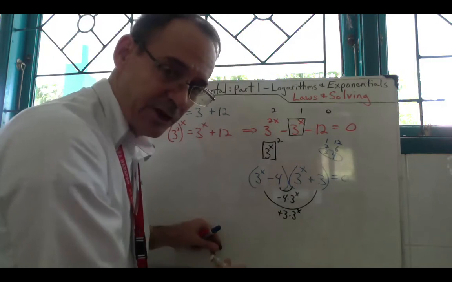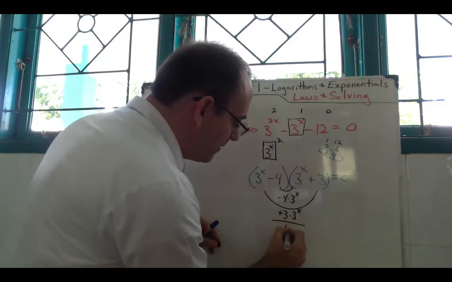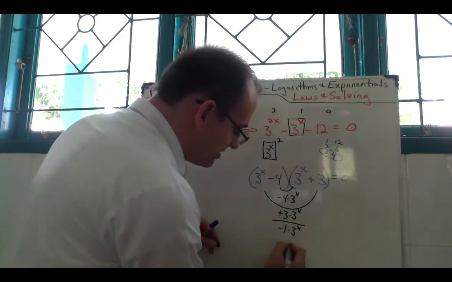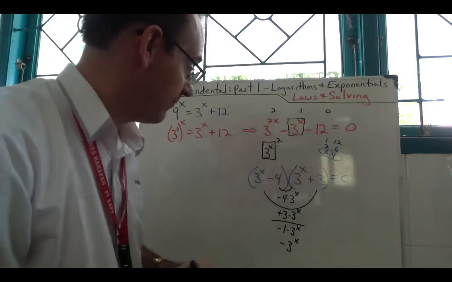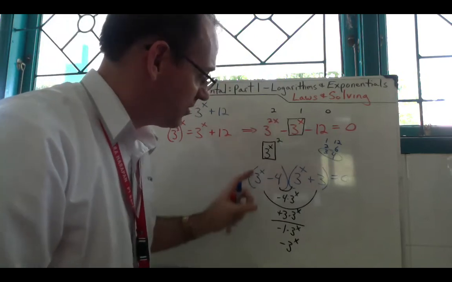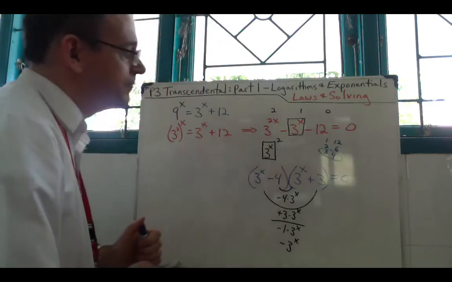So remember, those are the coefficients, and so that gives us a -1, 3 to the x, which is just -3 to the x, which is what we have here. Okay, so it's important to understand how that works so that your mechanics are correct.